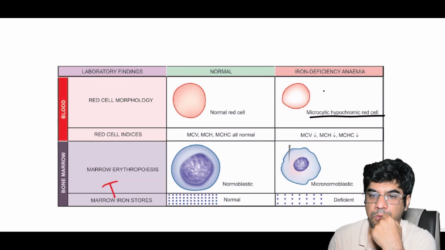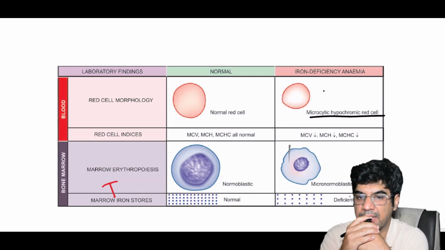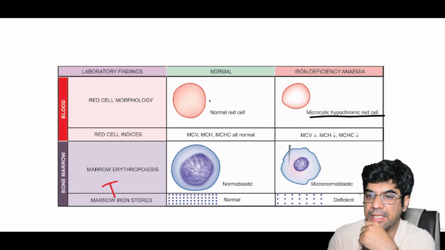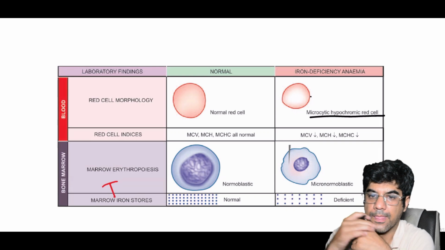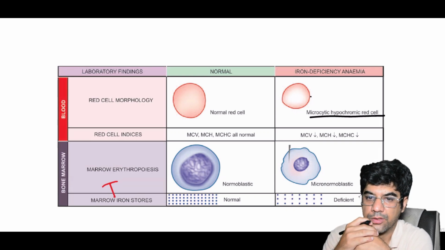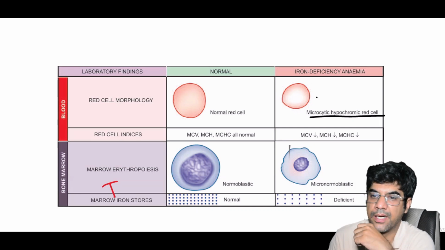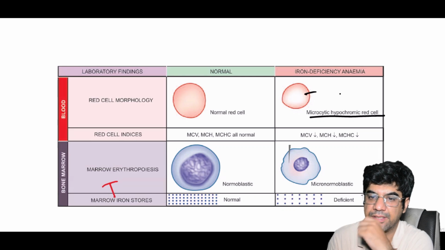Hypochromia is due to the poor filling of the red blood cells with hemoglobin, so there is increase in the central pallor. In severe cases, there may be only a thin rim of pink staining at the periphery. Apart from that, you can see target cells and polychromatic cells.